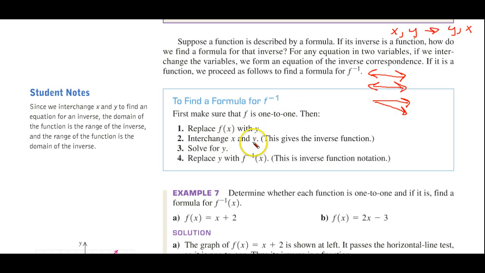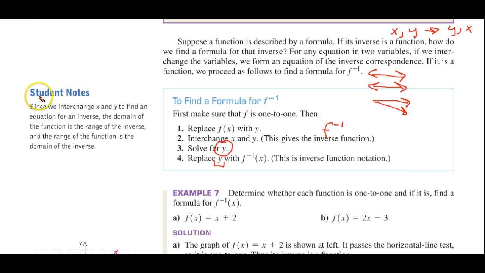Interchange the x and y. This gives you the inverse function. Then you solve for the letter y. Replace the y with its inverse function notation, f inverse of x. This is inverse function notation.